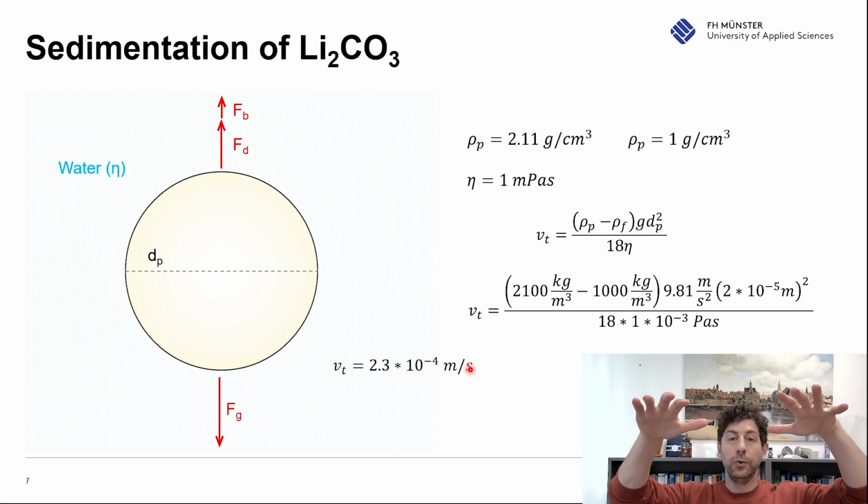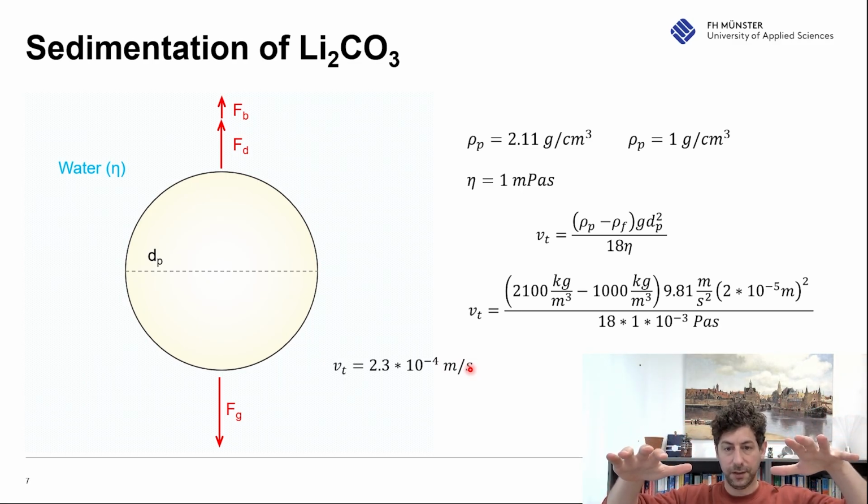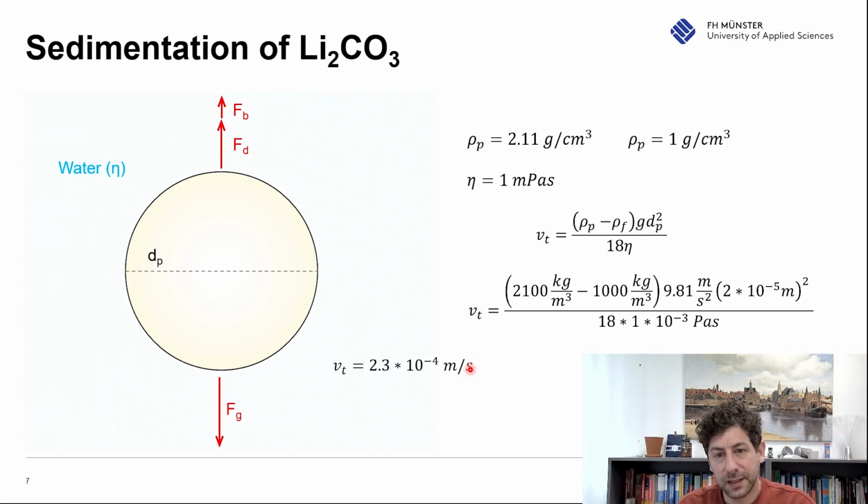So this is really, really slow settling. But it makes sense, right? Because 20 micron are very small particles. If you look at sedimentation in water, you know that these small dirt particles really take time to settle down.